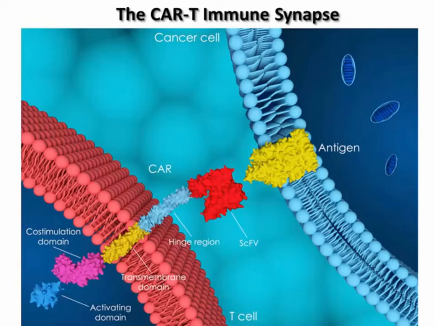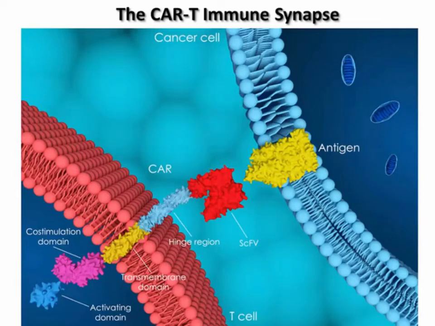It binds the target antigen, and in so doing, sends a signal to a connecting hinge region that also serves to extend the scFv away from the T cell. A transmembrane domain, shown in yellow, transmits a signal into the interior of the cell, which triggers the co-stimulatory domains and the activating zeta domain in pink and blue.